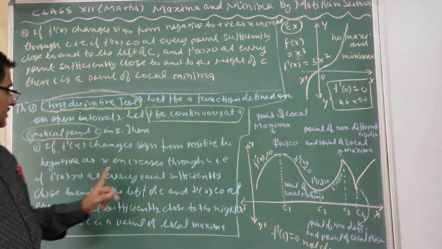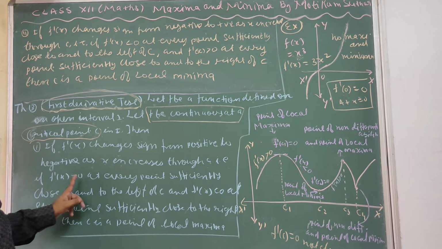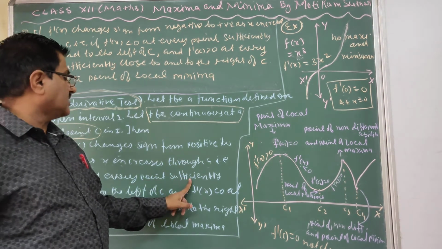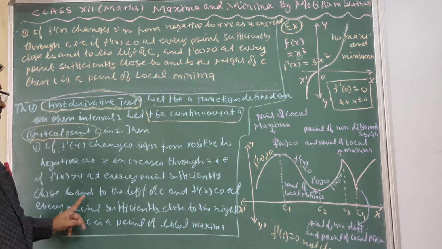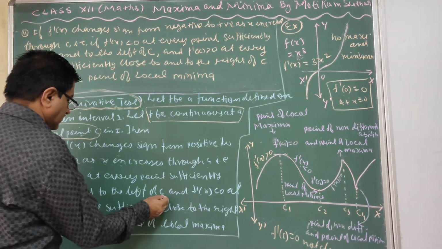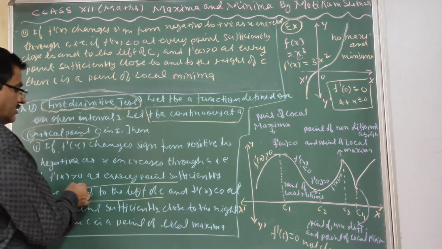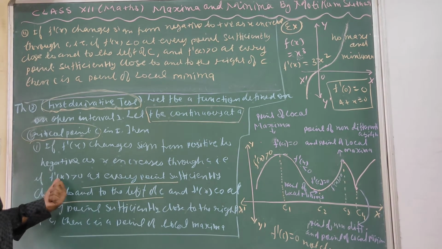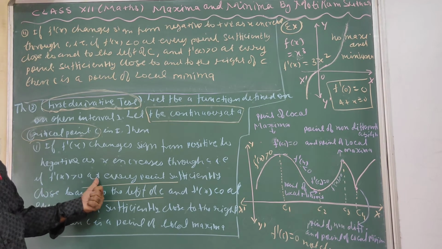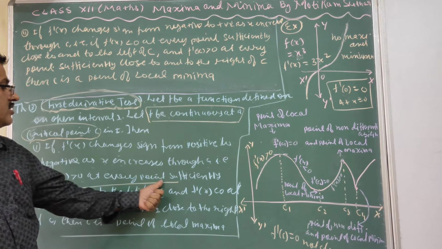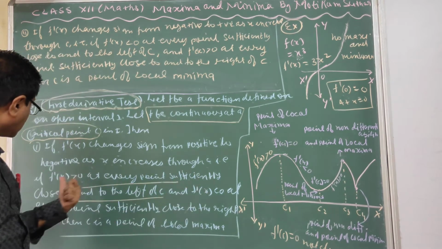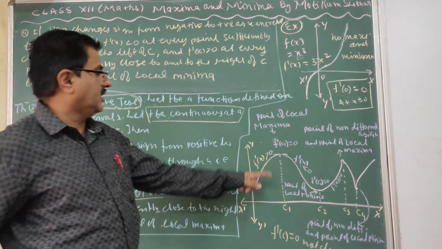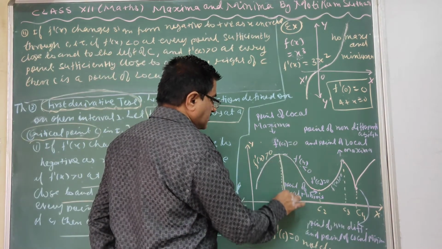That is, if f dash x greater than 0 at every point sufficiently close to and to the left of c. This is a very interesting point. Suppose here at this point c1.